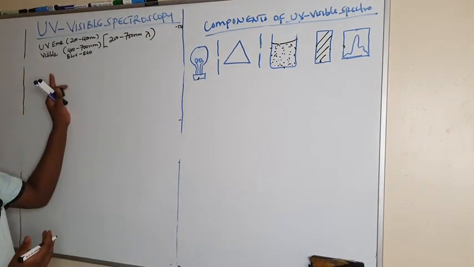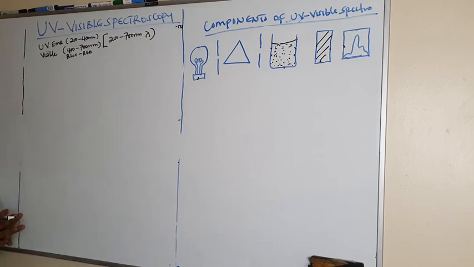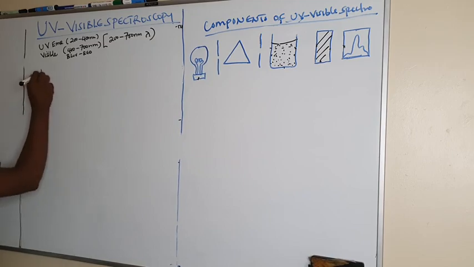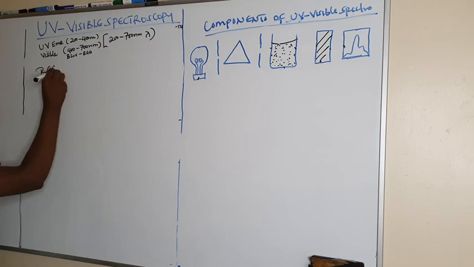And this UV light works under the principle of Beer-Lambert's law, whereby we have what we call Beer's law.